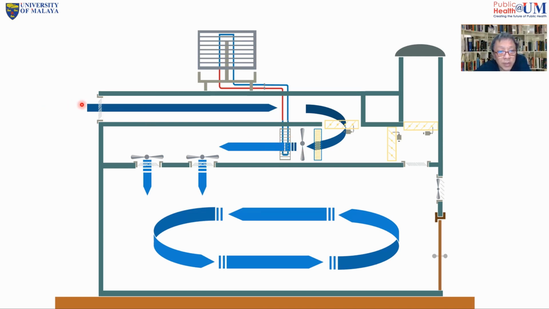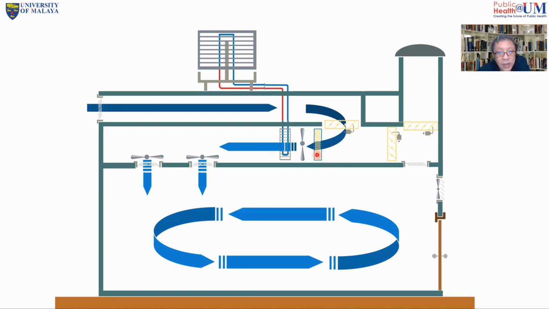So fresh air comes in from the environment. Then there is what we call an actuator, to control the amount of fresh air that comes into the system. Fresh air comes from the exterior, goes into the system, and is filtered.